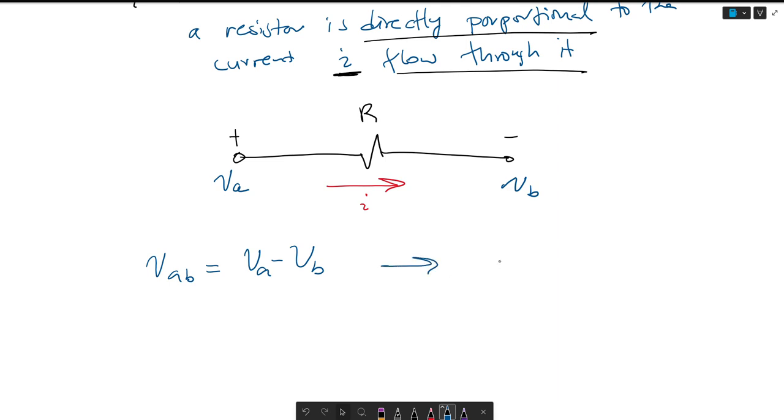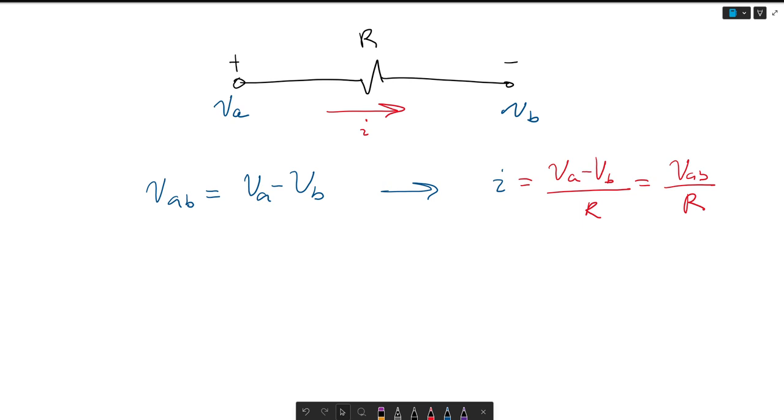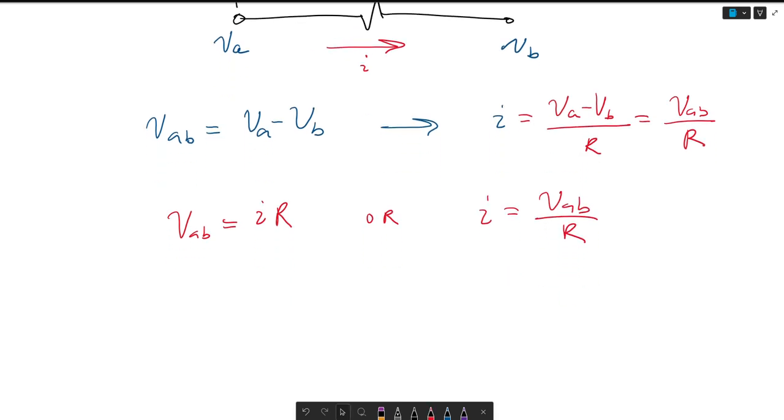As a result, I is equal to (VA minus VB) over R, which is just VAB over R. So Ohm's law can be written as VAB equals I times R, or I equals VAB over R. So there's two ways to write that.